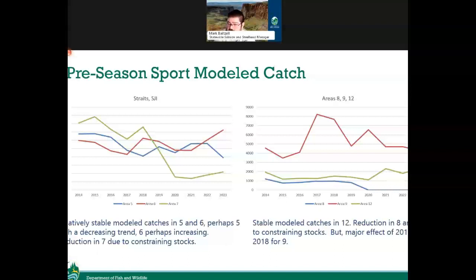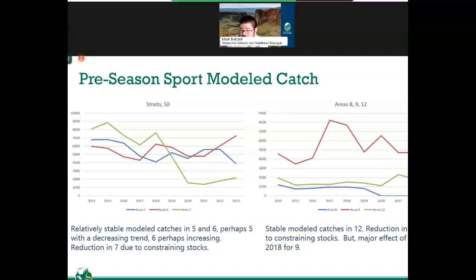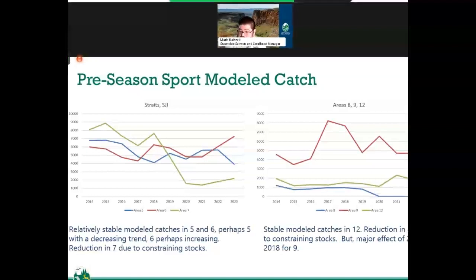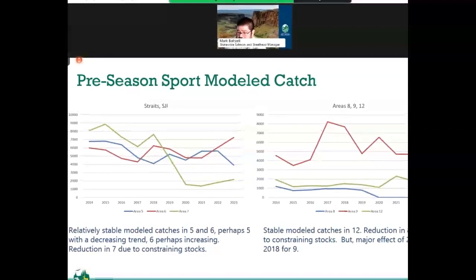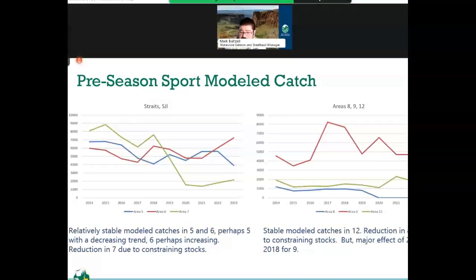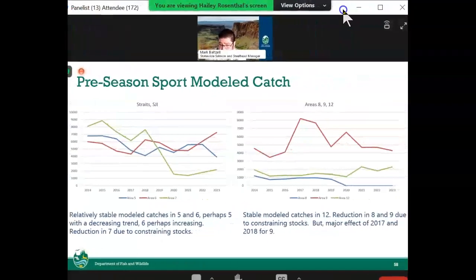So again, taking that previous slide as overall Puget Sound sport catch, we're breaking that down now into smaller chunks by marine area. On the left-hand side, you're going to see the Straits and San Juan Islands: marine areas 5 in blue, 6 in red, and 7 in green. On the right-hand side, you're going to see marine areas 8 in blue, 9 in red, and 12 in green.